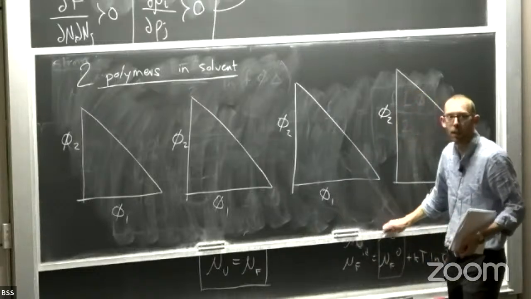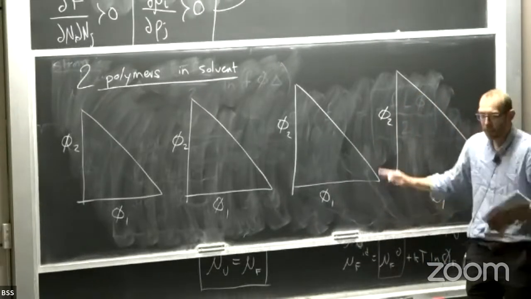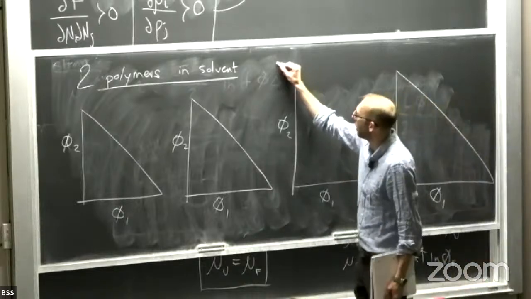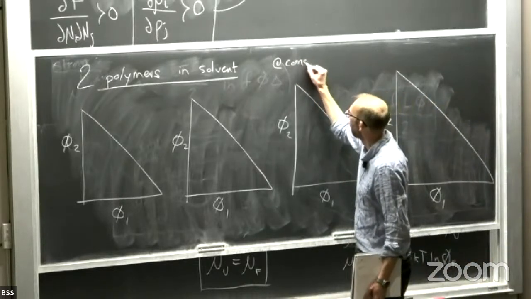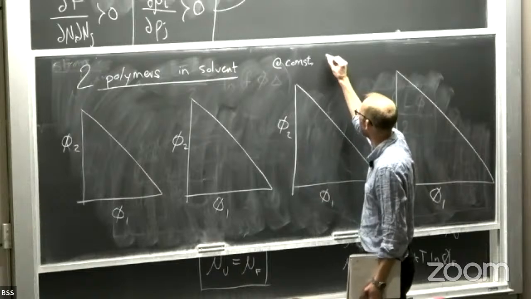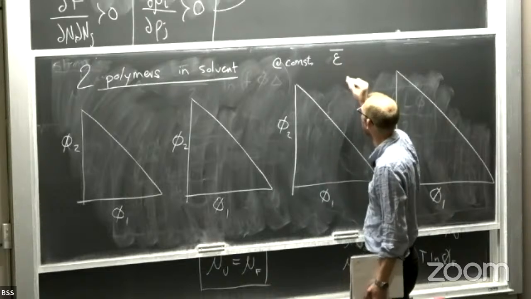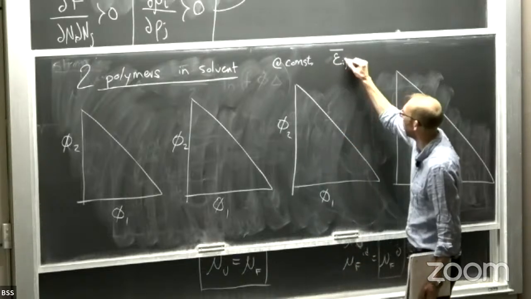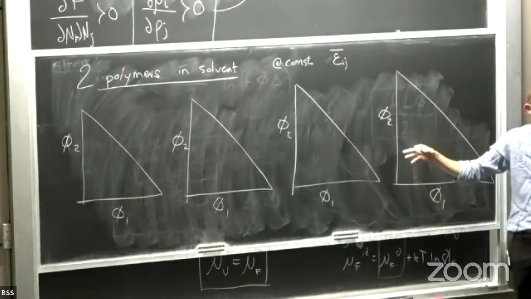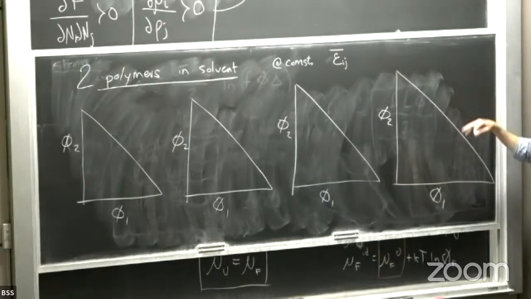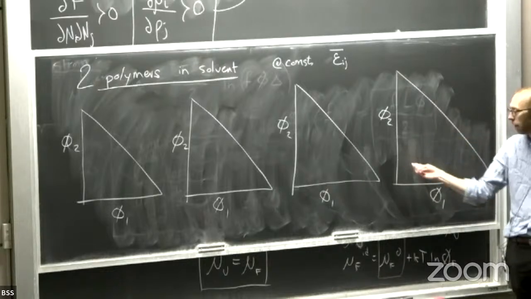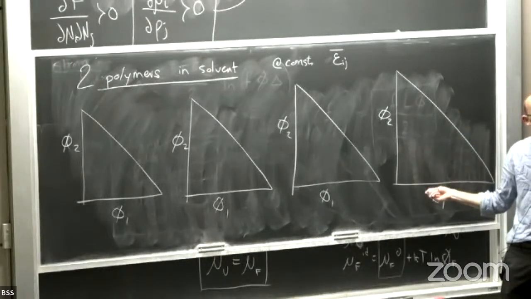Okay, so this is a phase diagram at constant temperature, or probably better for us here, this is constant average energy, right? We're not changing the average energy in each one of these. We're just varying the volume fractions of our different polymer species.